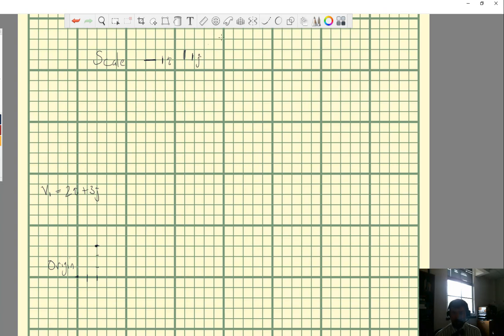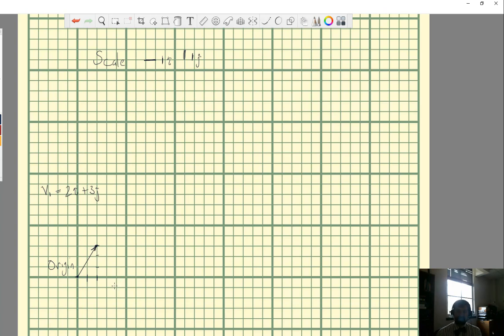The vector should end here. It should start at the origin. And then to draw that vector, you'd ideally use a ruler. I don't have one, but I have the next best thing, which in this software is that I can select the line tool. So my vector begins at the origin and it ends here at this point.